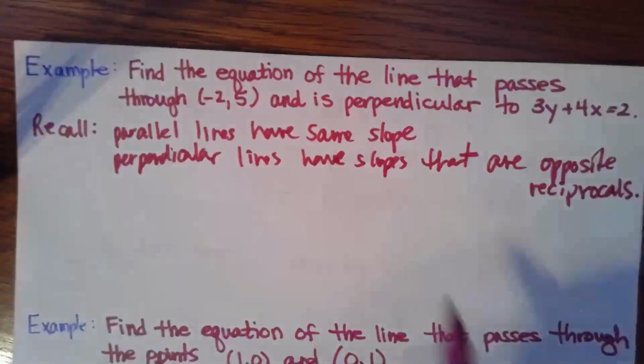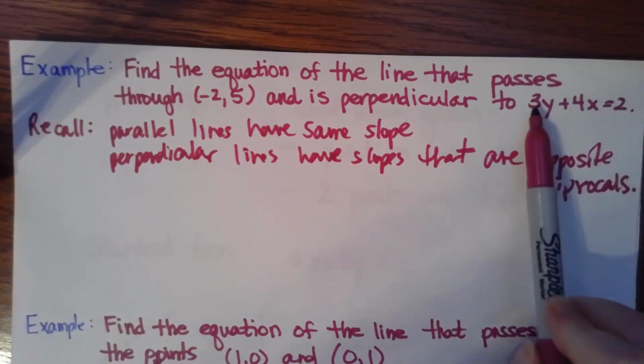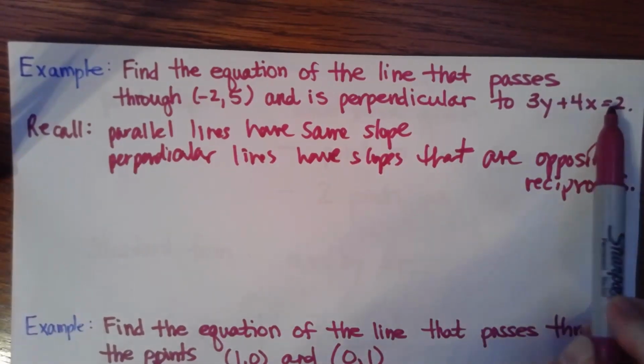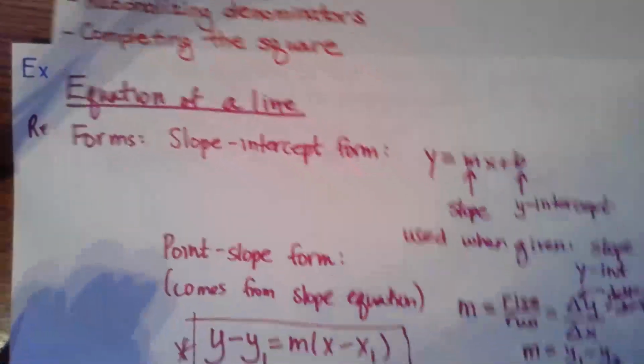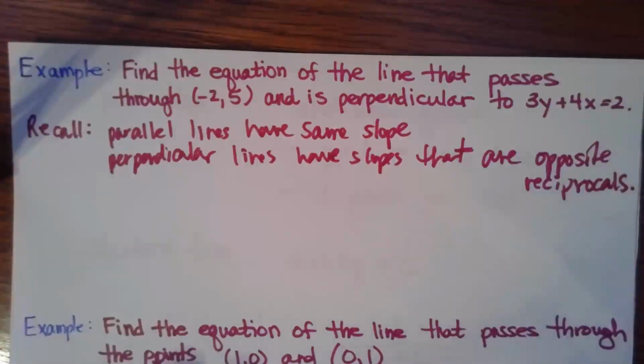Okay, so since we're looking for our perpendicular line, we would need to find the slope of this given line and take the opposite reciprocal of that slope, and that's the slope that we want to use. Now hopefully, going back to our forms, when do we use each one?